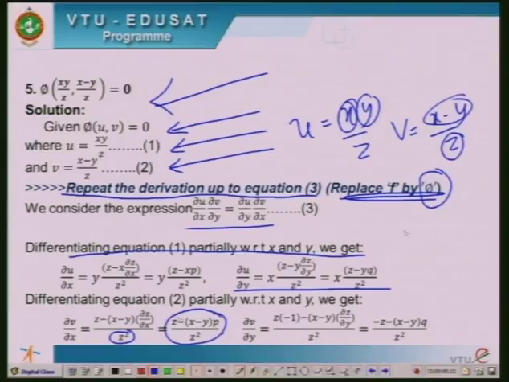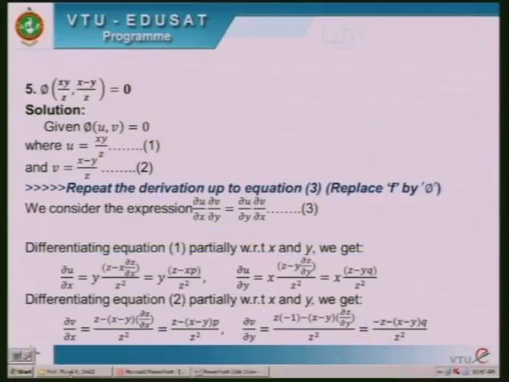Similarly, if you apply quotient rule for x minus y by z and differentiate with respect to y, you get dou v by dou y as denominator square z square, then z into differentiation of x minus y is minus 1 with respect to y, minus (x minus y) into derivative of z which is dou z by dou y. Using notations, you get this.